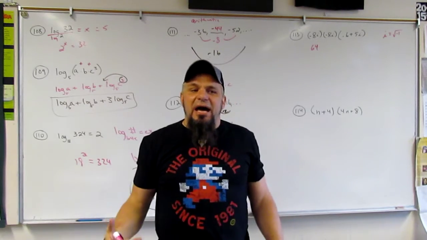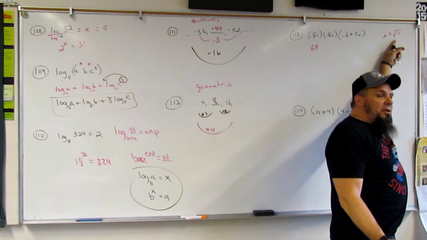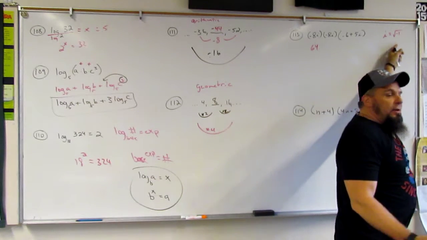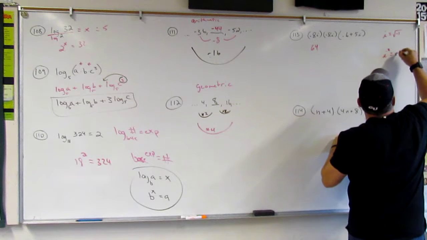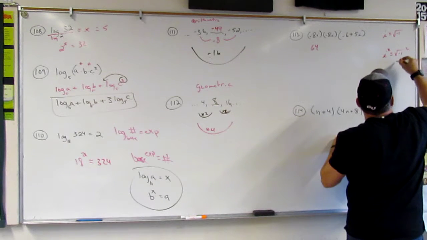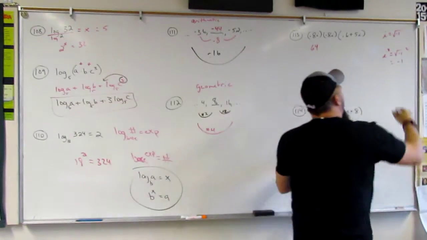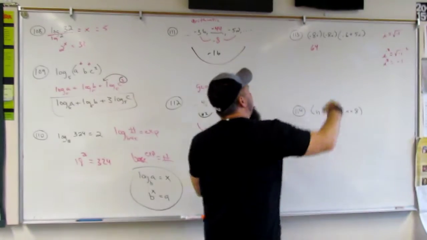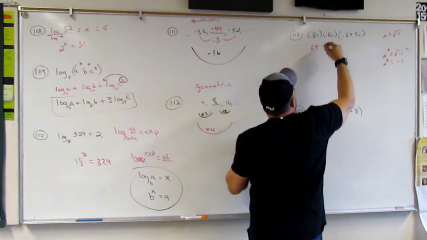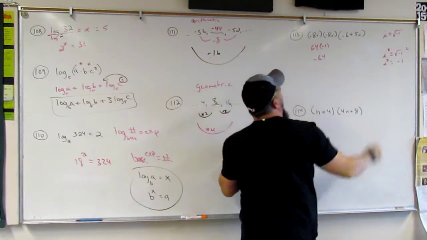But i times i, that's like taking the square root of -1 and squaring it, right? And so i squared is equal to the square root of -1 squared, which is equal to -1, right? So i squared is equal to -1. So that means this i squared would be -1. So that's -64, right?